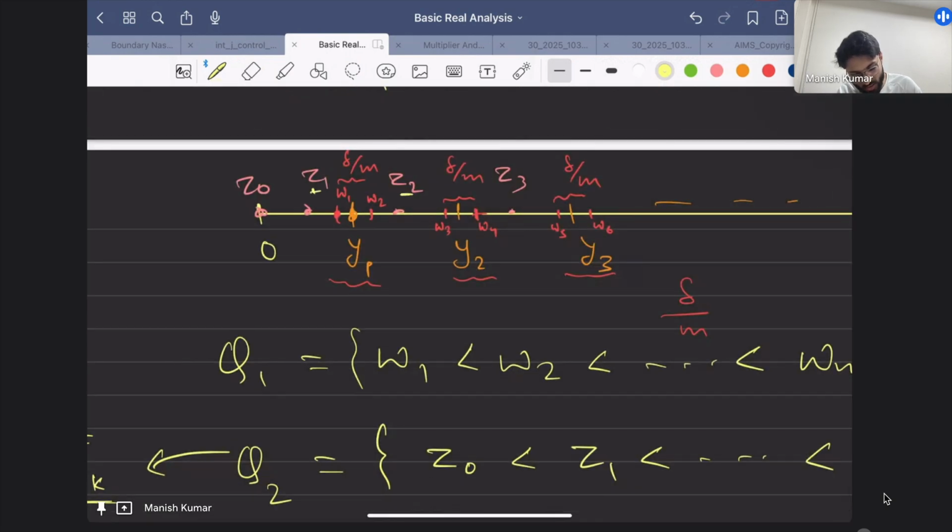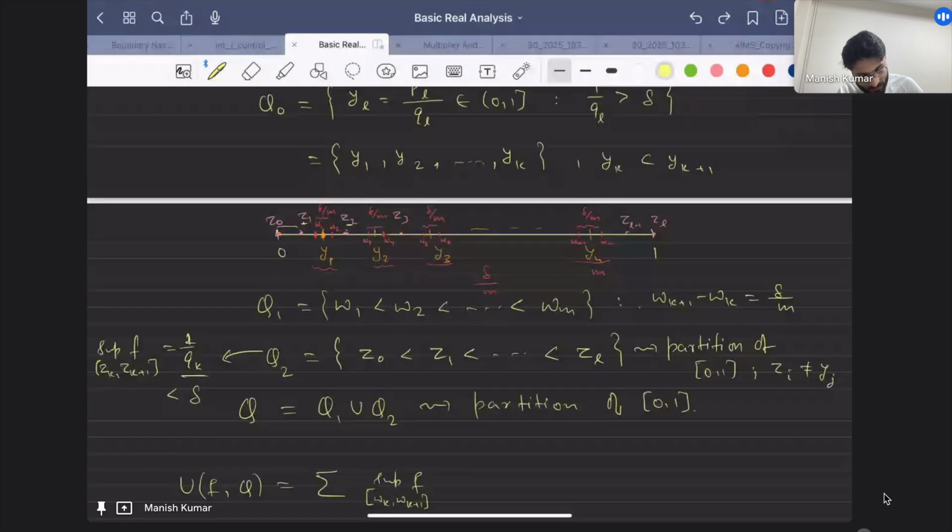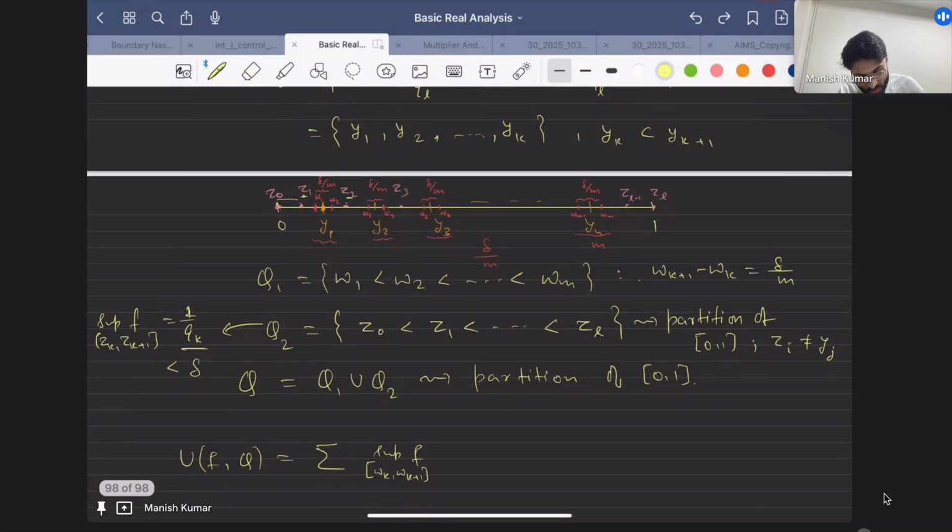It's like 0, z1, z2 and whatever points are in between. I'm not writing it precisely, so how should I write? Say removing each of the subintervals. We are partitioning 0 to w1, and we are partitioning this also.